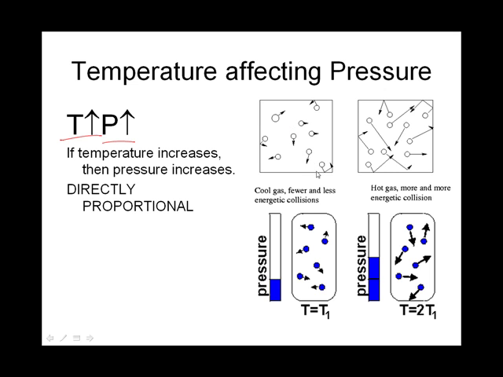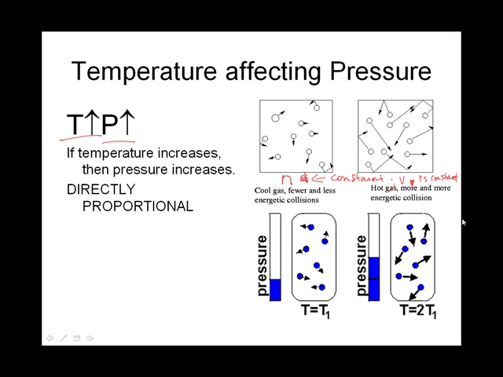However, if I were to heat up these particles, the particles are moving much faster, which is indicated by the longer arrows. But as you can see over here, the number of particles has not changed, so it is constant. And what also has not changed is that the volume of the container is also constant.